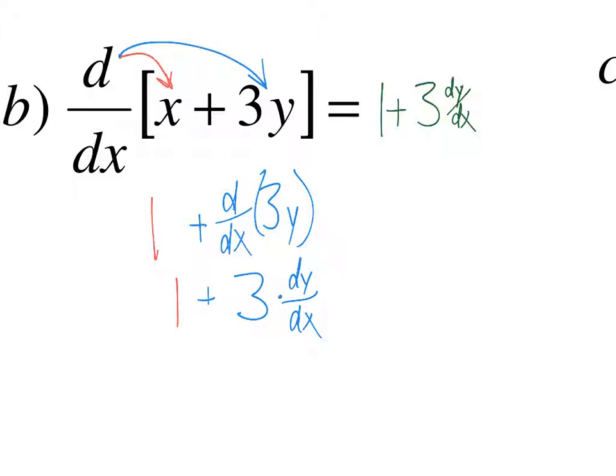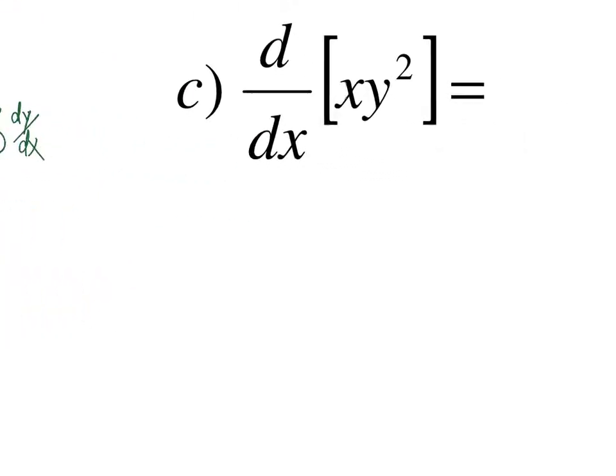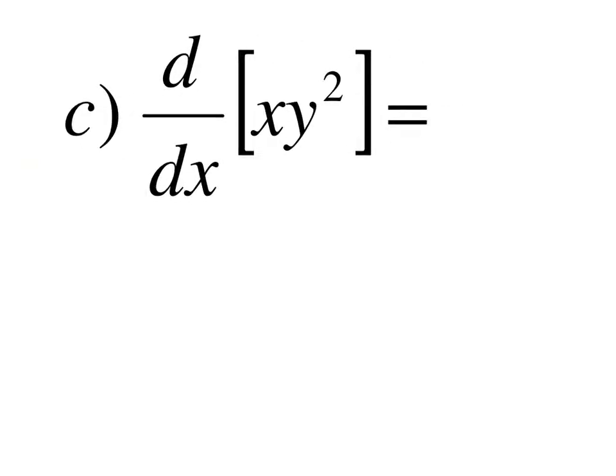Multiply by it, because it's the chain rule every time. If you are differentiating something with respect to x, that means it's going to be d something over dx.